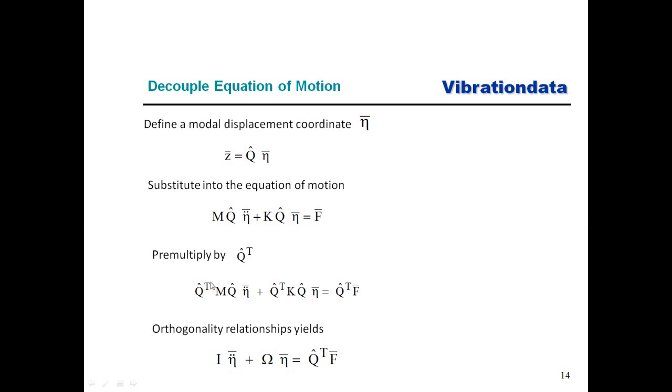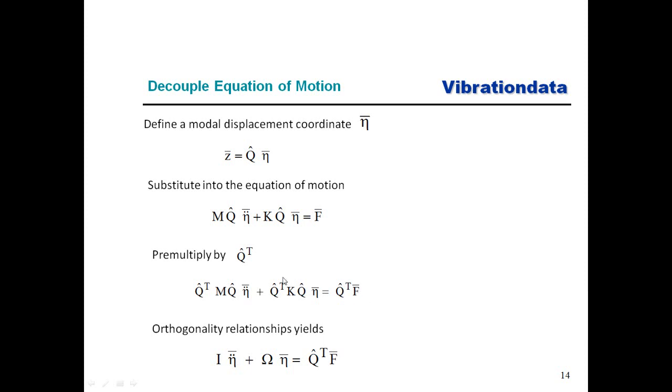So we have Q transpose mass, Q, and our modal accelerations, plus Q transpose, our stiffness matrix, our eigenvector matrix, then our modal displacement is equal to Q transpose times our forcing function.